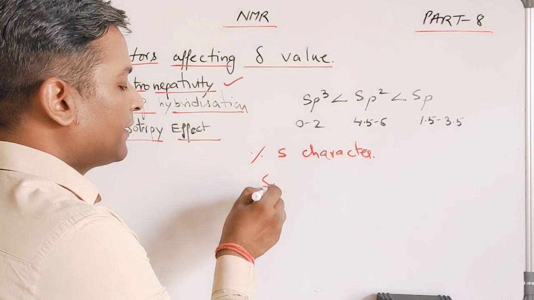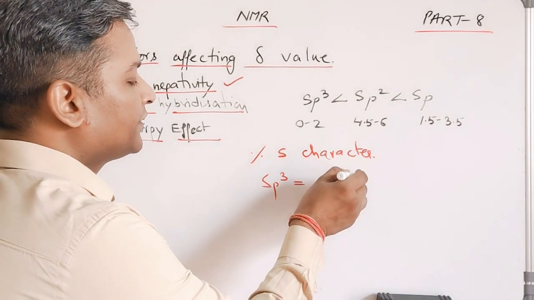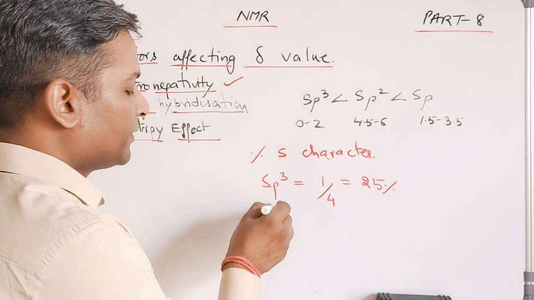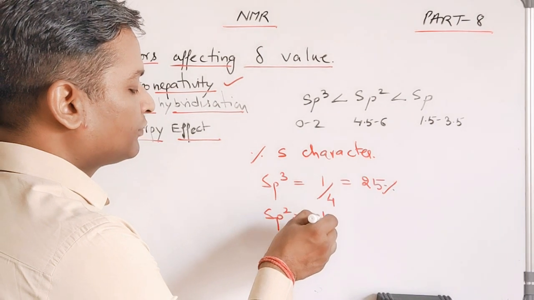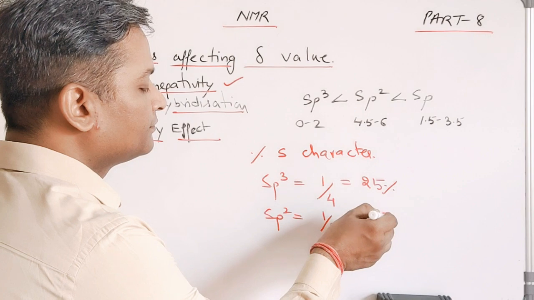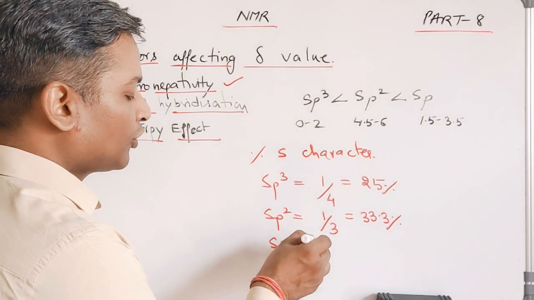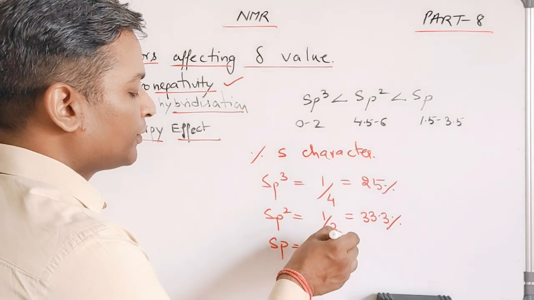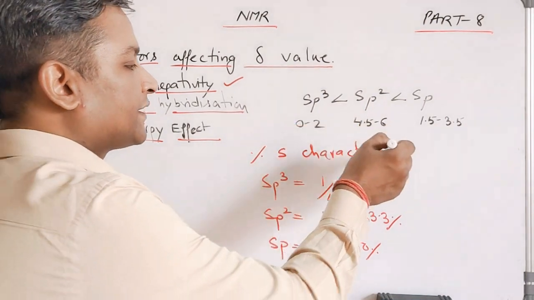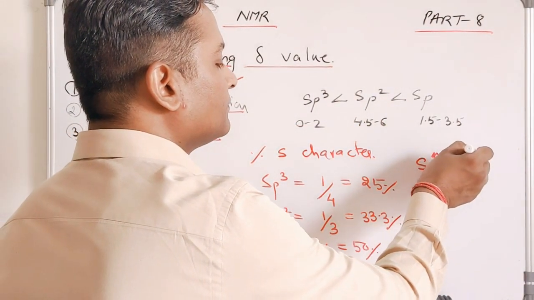In the case of an sp3 hybridized orbital, there is one s out of 4, so the percentage is 25%. In the case of an sp2 hybridized orbital, there is one s out of 3 total orbitals, so the percentage is 33%. In the case of an sp hybridized orbital, there is one s orbital out of 2 total orbitals, so the percentage is 50%. Remember, the more the s character, the more the electronegativity.